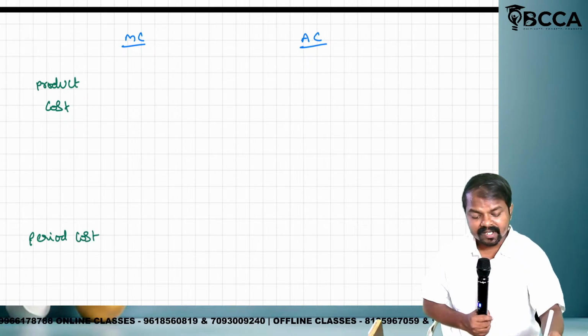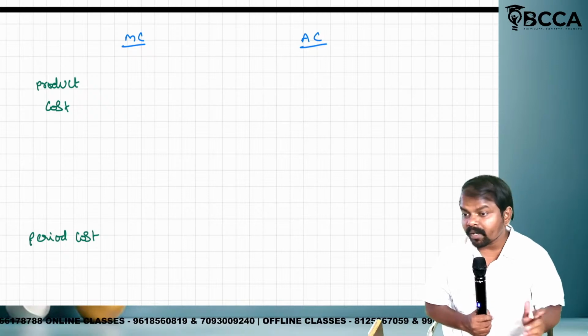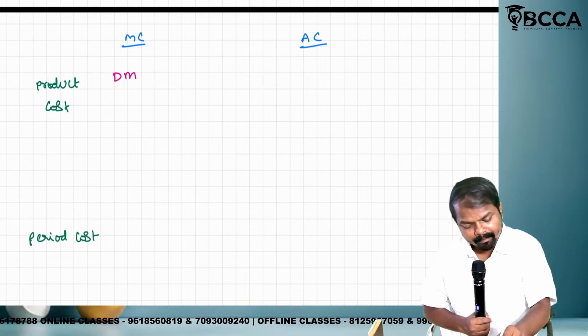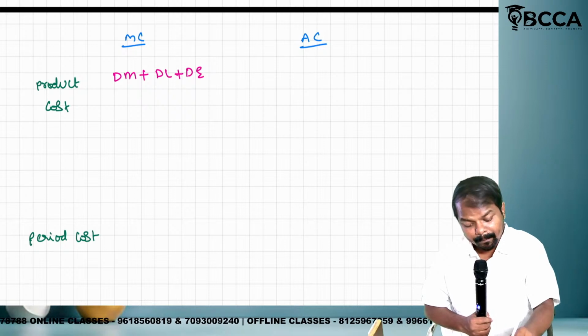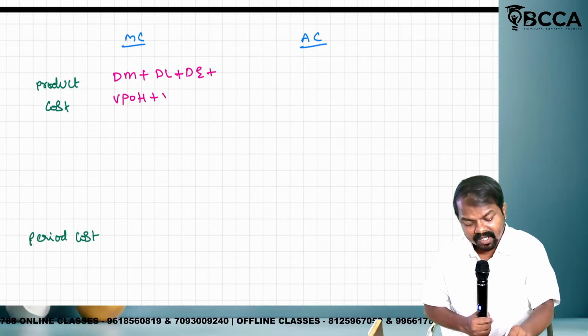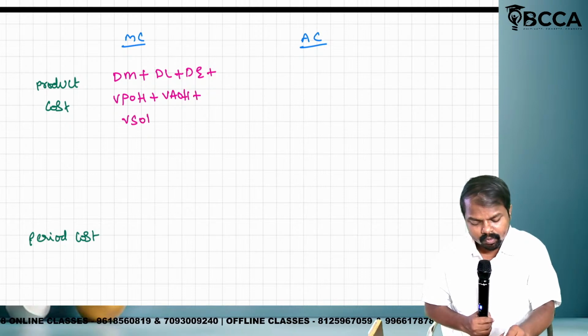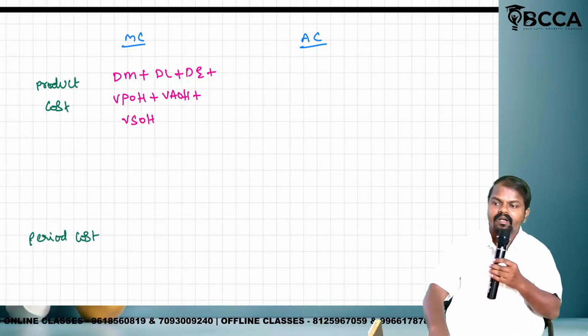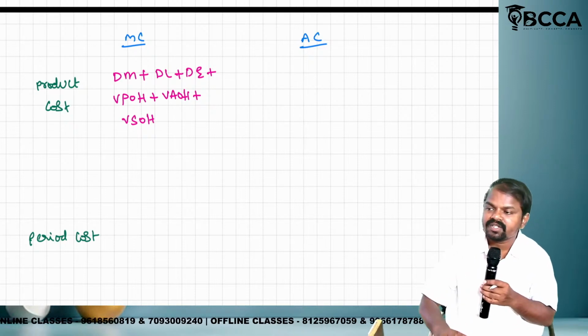Period cost. Listen carefully. Product cost is DM plus DL plus DE plus VPOH plus VAOH plus VSOH. What is meant by product cost as per marginal costing?